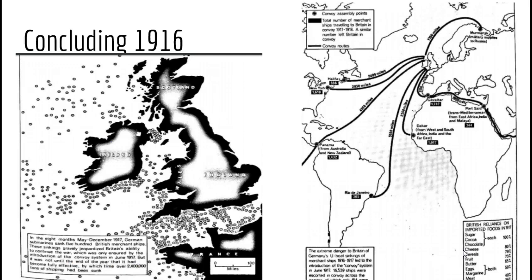So the Germans know this. The Germans know that the British rely on imported goods to sustain a population. So if this war is going to take on a total war feature, what the Germans will do is, beginning in 1915, they pursue a policy of unrestricted submarine warfare.